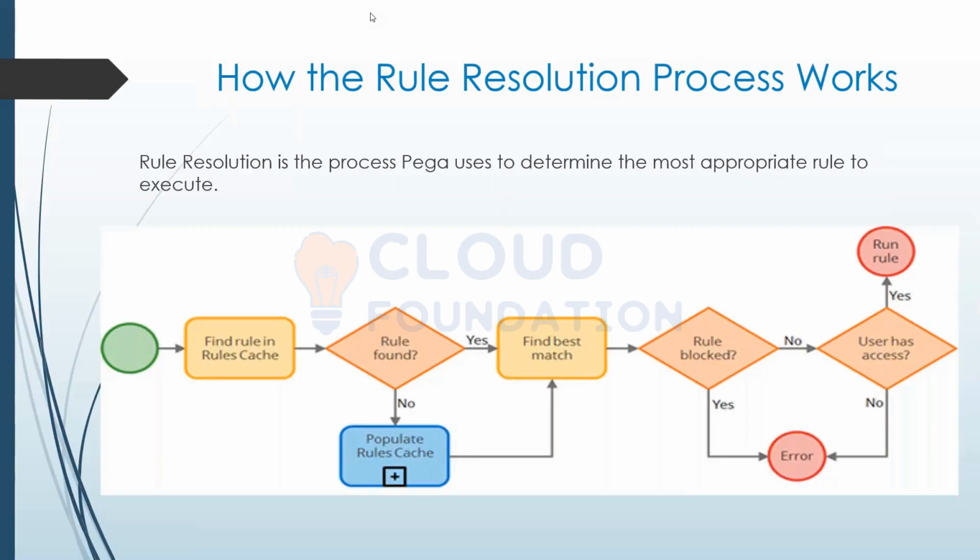And later on, when you start creating more and more rules, the cache is already generated. The system will just look after those rules that you have newly created. It doesn't need to go back for the entire new set of application. This population of rules cache is probably done for the first time and that's why it takes a bit longer for you to execute the rules.